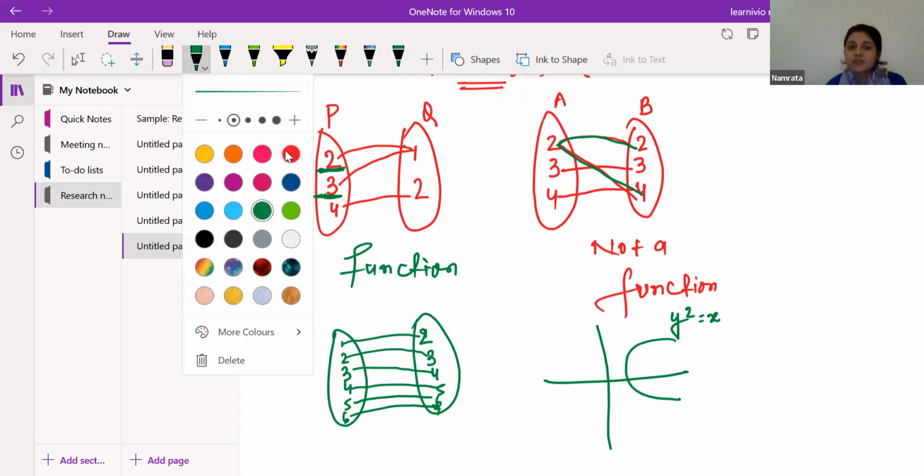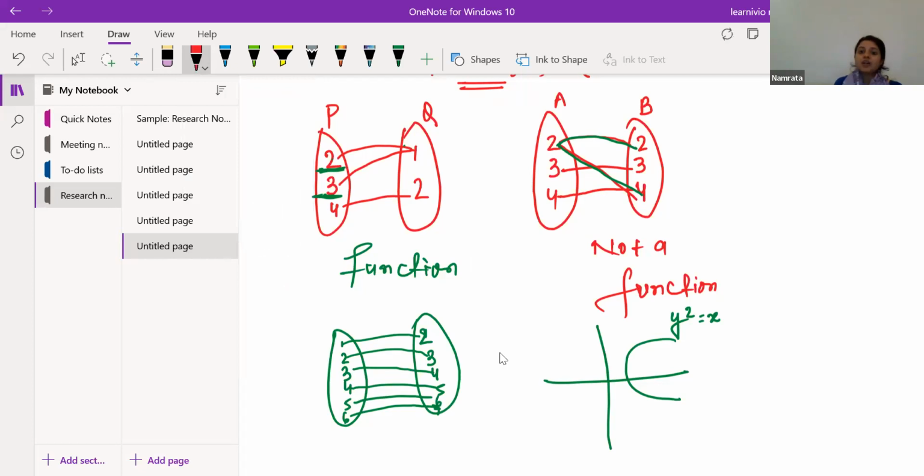If you draw a vertical line on the graph, and that vertical line passes through 2 points, here point P and point Q, intersecting 2 points, then we can say it's not a function.